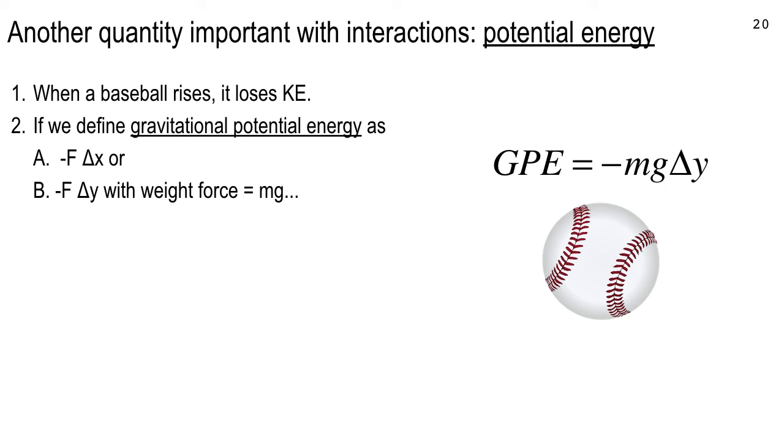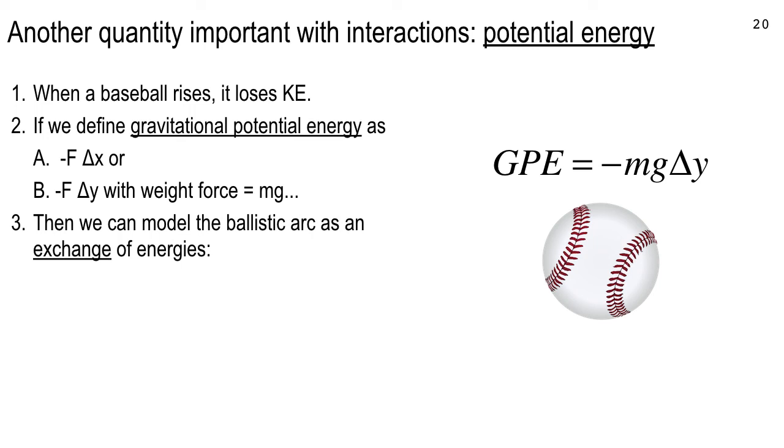Then here's the formula for gravitational potential energy at the surface of the Earth: minus mg, that's the weight force, times delta y. And that is basically the lost kinetic energy. So as the object goes up, it loses kinetic energy, and it goes into gravitational potential energy.